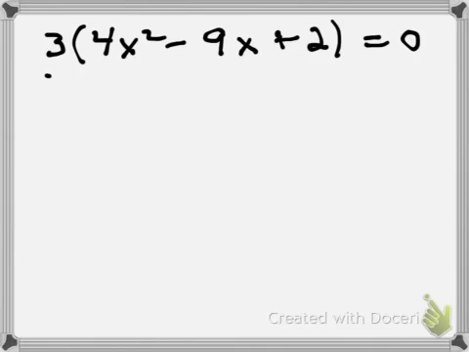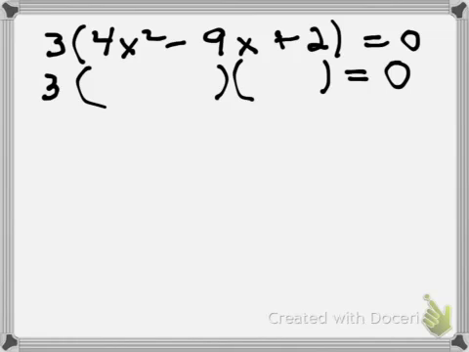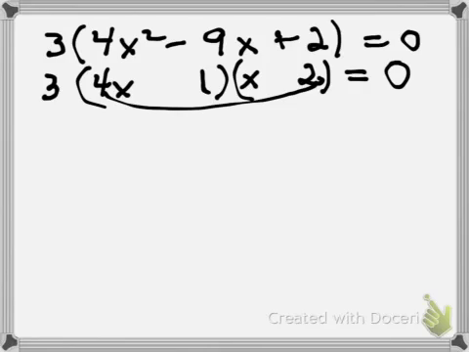So 3 is a factor, and now we could use any of those methods I talked about before, but let's try factoring and see if that works. So we're going to get the factors of 4 and the factors of 2 that are going to give us a middle term of a negative 9x. So you can do trial and error here, but we're going to have 4x times x, and I'm going to have 2 times 1 because I want an 8 and a 1 to give me 9.